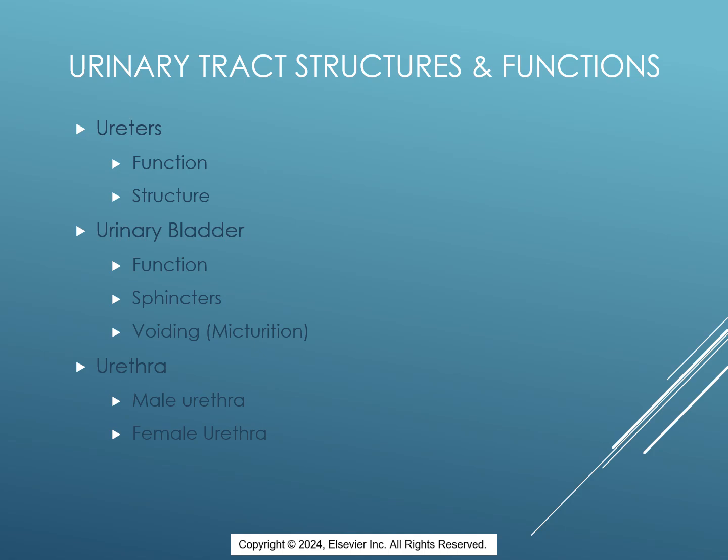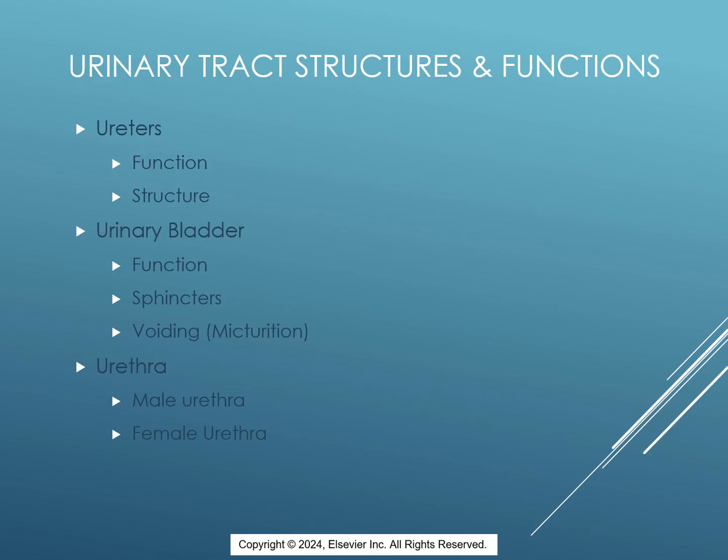Narrowing points: the ureteropelvic junction, where the renal pelvis becomes the ureter; the crossing of the iliac bend, as the ureter crosses over the iliac vessel; and the ureterovesical junction, where the ureter enters the bladder.